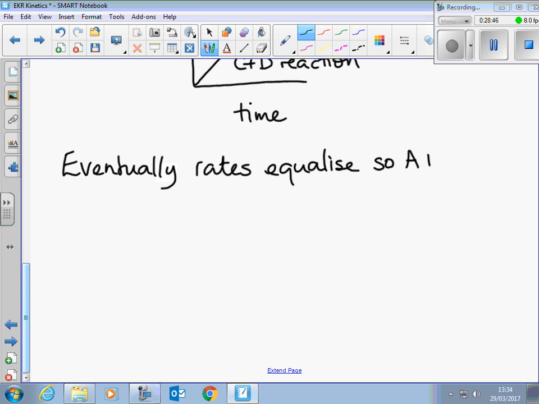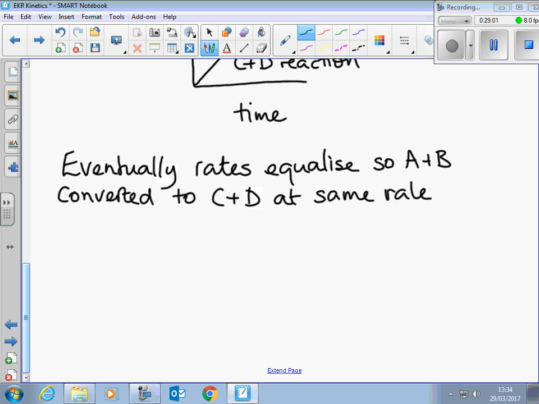So A and B converted to C and D at the same rate that C and D converted. I'm saying the same thing over and over again really here. It's not something magical and new with each sentence I write. It's just to make sure that we're getting a solid starting point here.